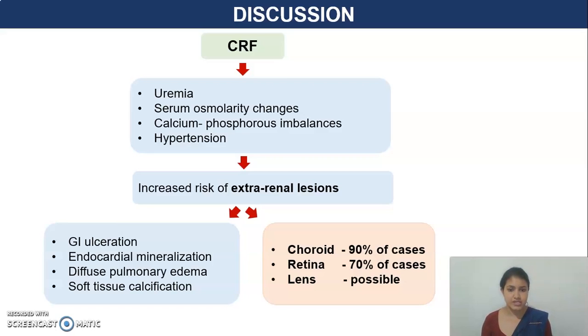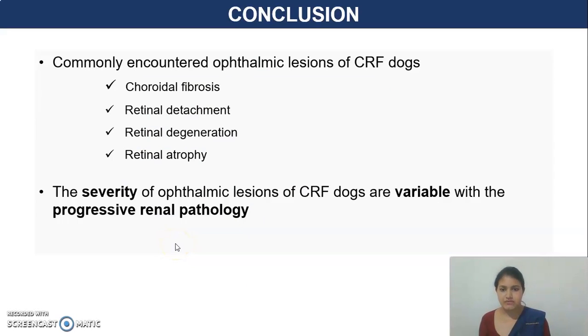And also we need continuous studies in the future to find the exact pathogenesis and association between these eye lesions and renal failure. So in conclusion, we have observed these eye lesions in the choroid and retina of dogs with renal failure. And these lesions have shown a variable progression along with the renal pathology.